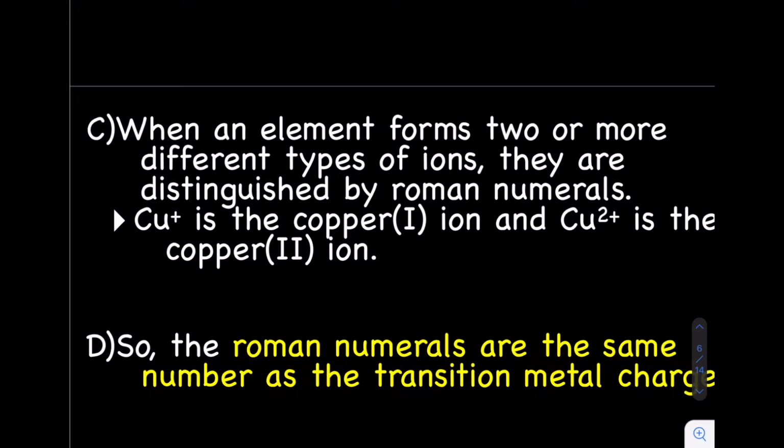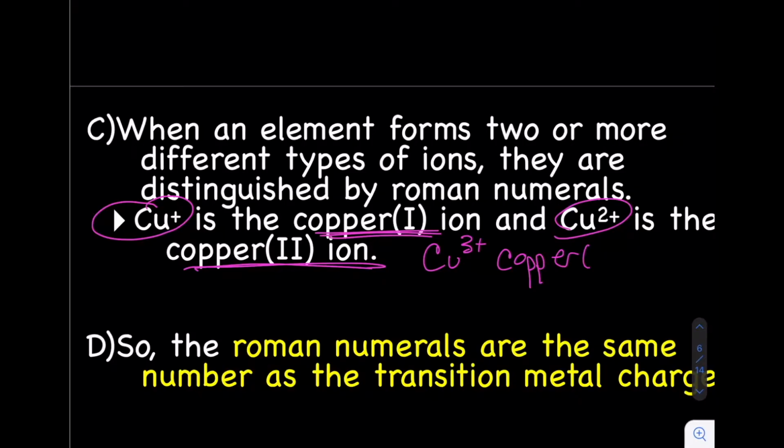When an element forms two or more different types of ions, they are distinguished by Roman numerals. So for example, Cu1 plus is going to be the copper Roman numeral 1 ion. Cu2 plus is going to be the copper Roman numeral 2 ion, and I bet you can guess Cu3 plus would be copper Roman numeral 3 ions.